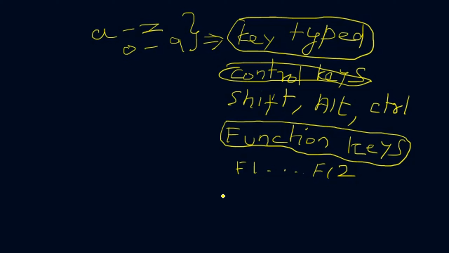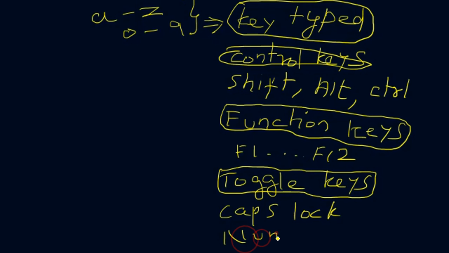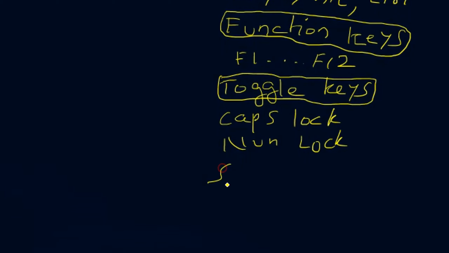We call it a status key, or we can call it a toggle key also. The toggle keys show the status of our keyboard keys, like Caps Lock, Num Lock, and Scroll Lock. So these we call toggle keys.